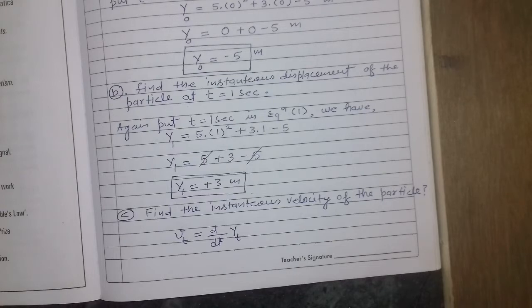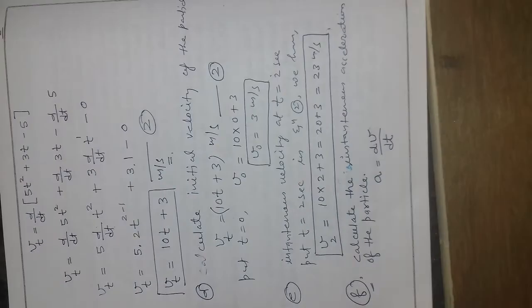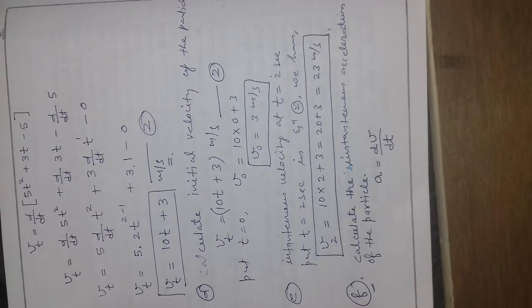Mathematically, v of t is equal to d over dt y of t. Now put the value of y of t. We have v of t is equal to d over dt 5t square plus 3t minus 5.